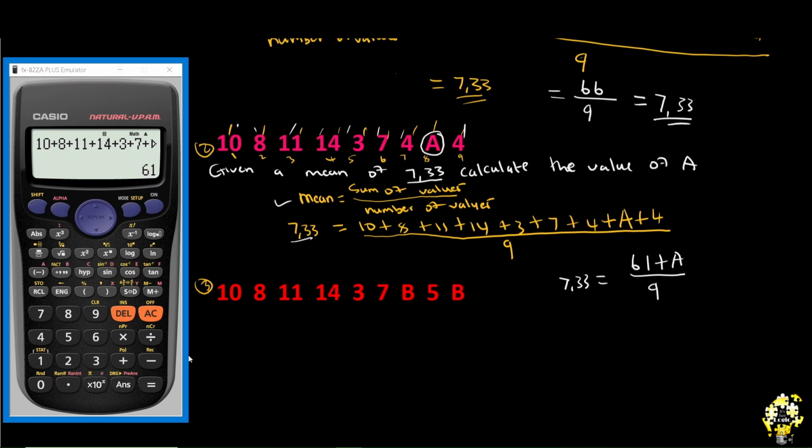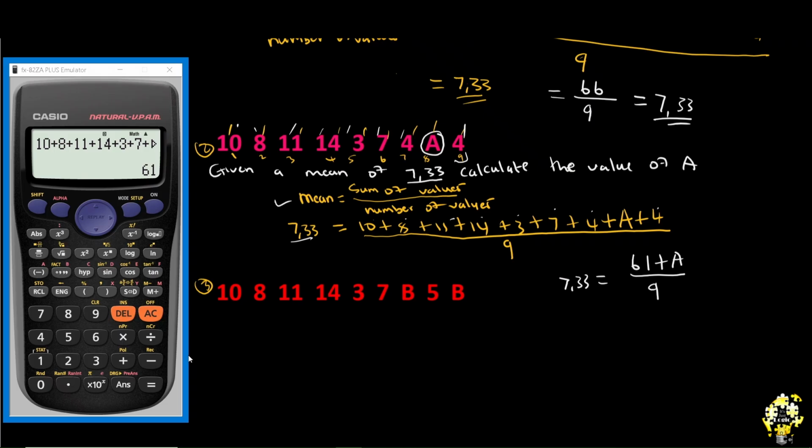And then we counted all those values and we ended up with a 9. Hence, we put a 9 below in the number of values. Now we have added these values at the top plus this 4: 4, 4, 7, 3, 14, 11, 8, and 10. And we got a 61. Plus A because we couldn't put A in the calculator. 9 is still there. How do we solve this?